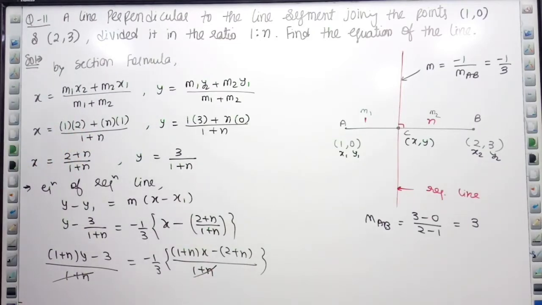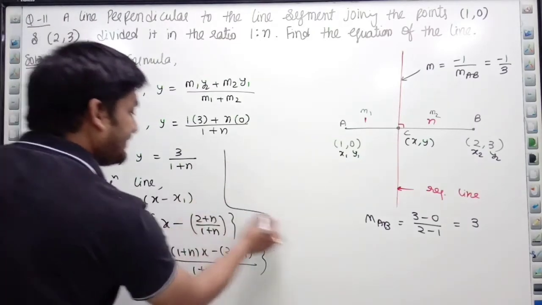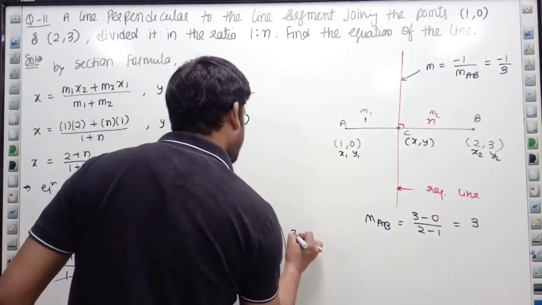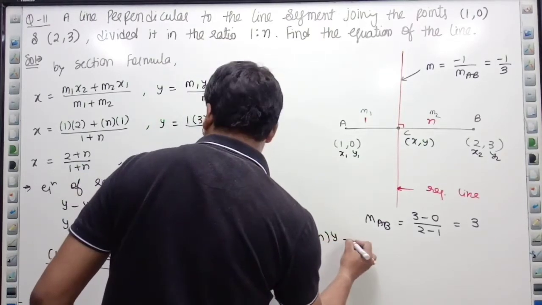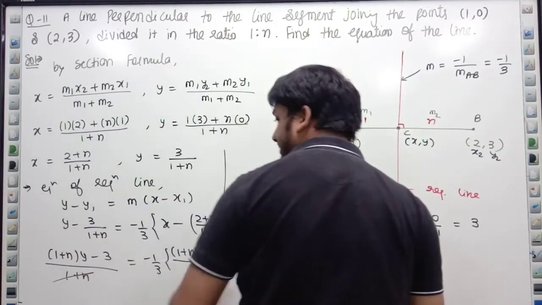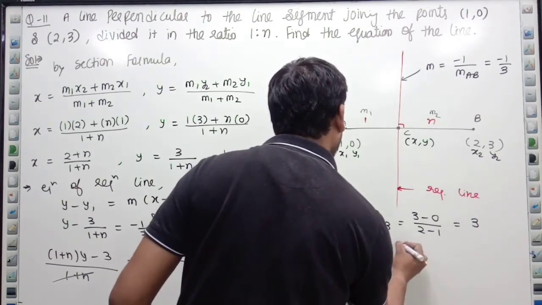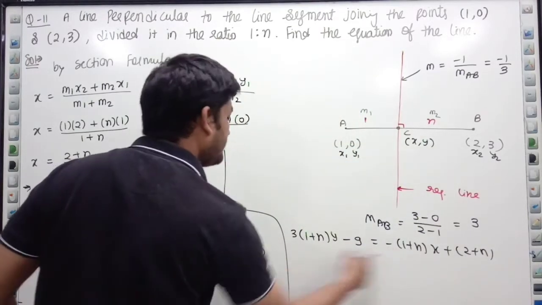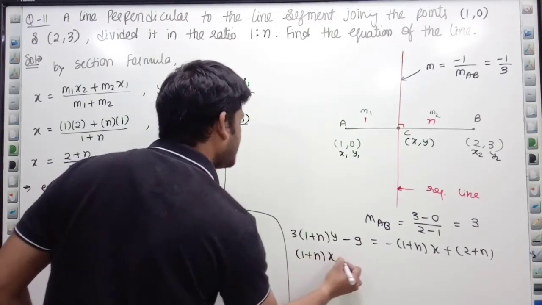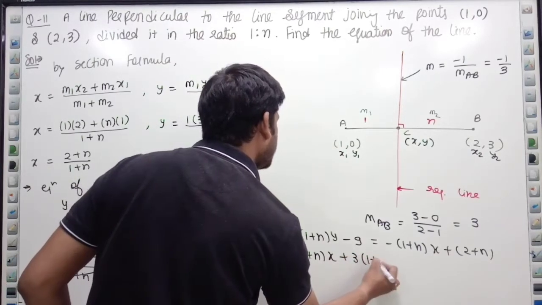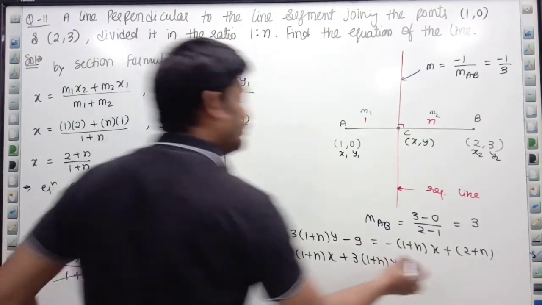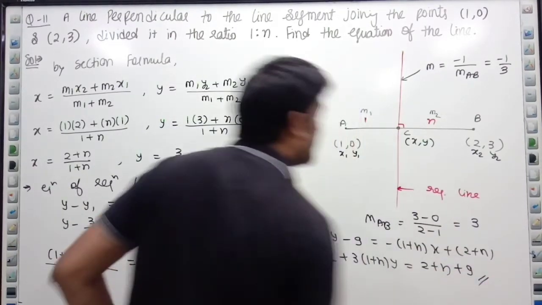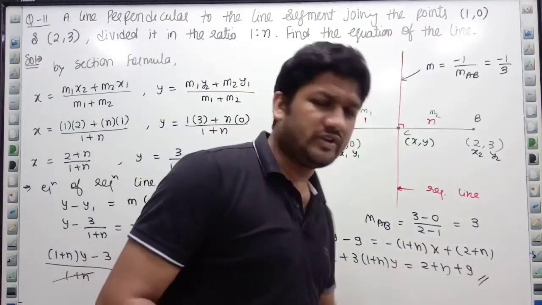The (1 plus n) will cancel out, so we can write it as: the 3 I am taking to the left hand side. 3 times (1 plus n) into y minus 3 is 9. This minus sign I am taking inside, so this is equal to -(1 plus n) x plus (2 plus n). So this I am taking to the left hand side: (1 plus n) x plus 3 times (1 plus n) y is equal to (2 plus n), and this 9 to the right hand side plus 9, and this is the required answer. Nine plus 2 is 11, that is okay.